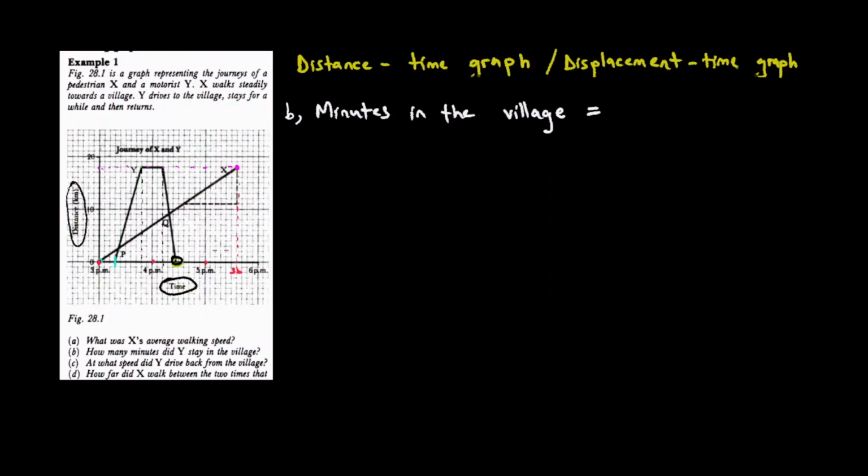We did the calculation. There are 1, 2, 3, 4 squares, so our answer is simply 6 minutes times 4, which gives us 6, 12, 18, 24 minutes. So 24 minutes of resting in the village.